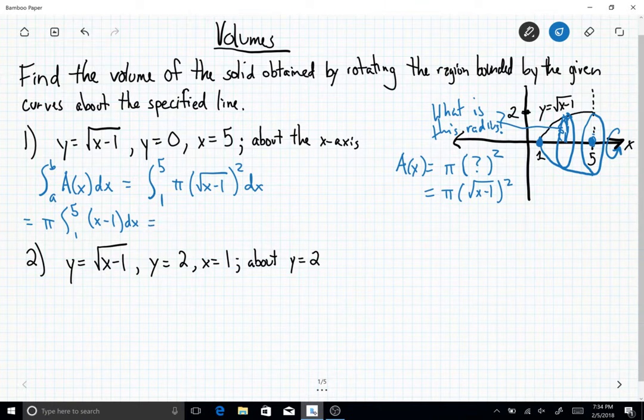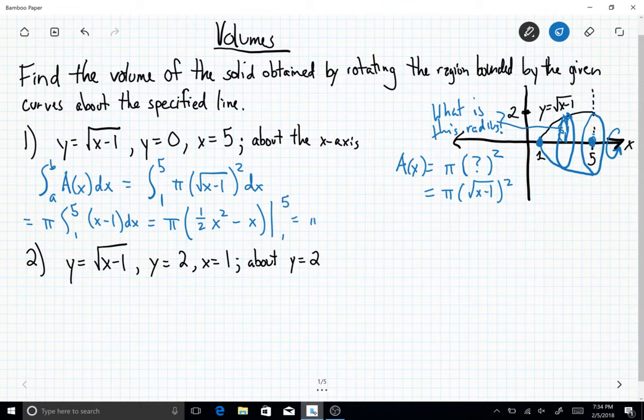And so this whole thing equals pi times, well, the antiderivative of x is 1/2 x squared, and then minus 1, so that antiderivative is just going to be x, and then we would take our integral from our bounds, 1 to 5, so we've got to plug those back in.